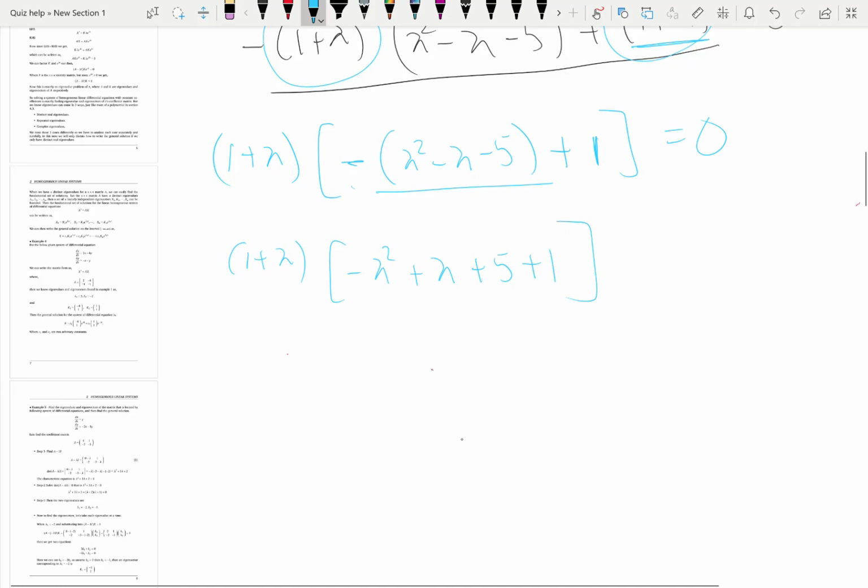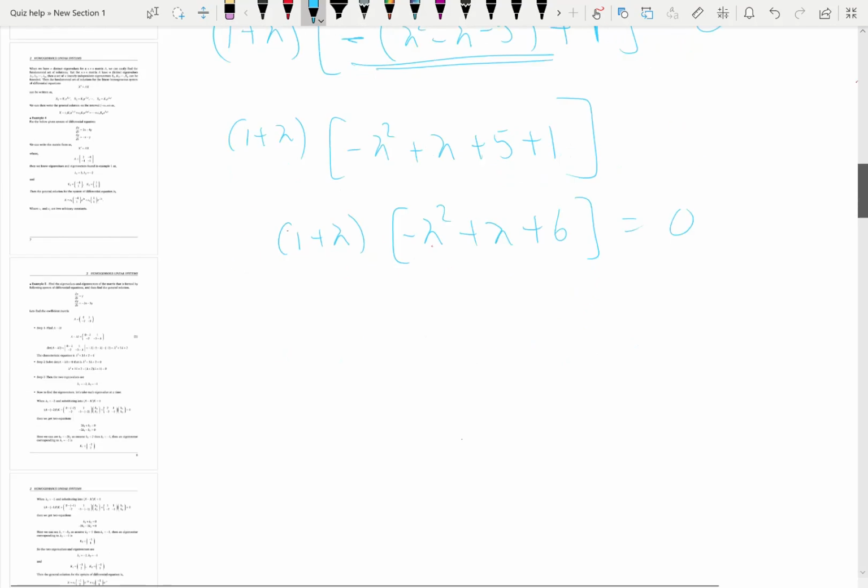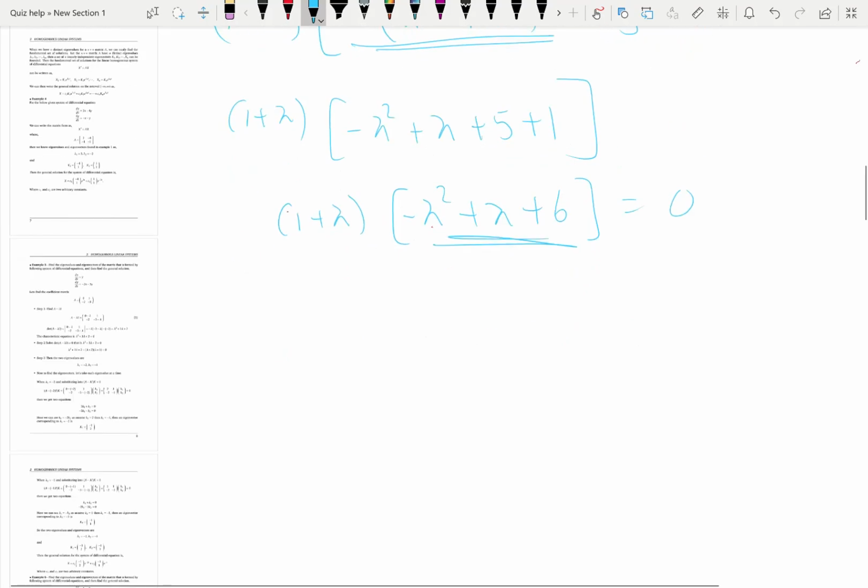I distribute the negative here. So this is actually 1 plus lambda times negative lambda square plus lambda plus 6. Oh, we do have a negative outside? Oh, no, we don't. My bad, forget about that. Anyway, now we can factorize this quadratic equation.